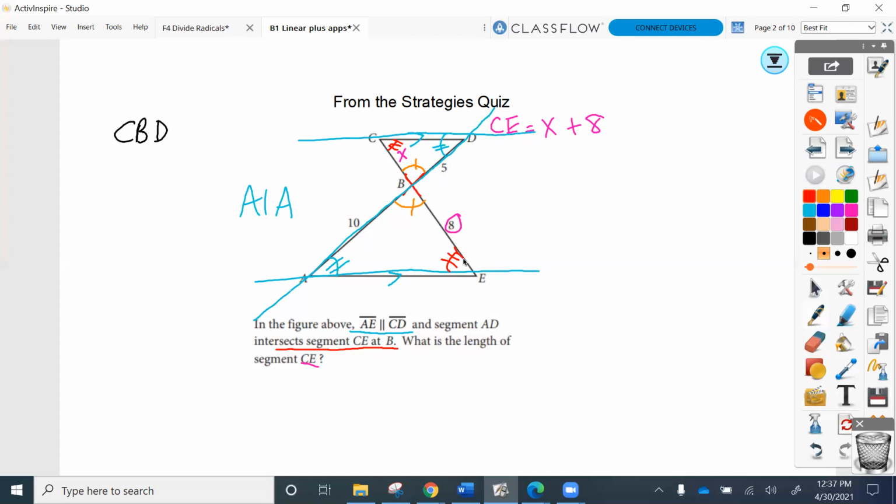So what we're trying to find out here is what side is similar to what other side of the bigger triangle, right? So if we name this CBD, we went 3, 1, 2 tick marks, right? So we have to name the other one EBA.